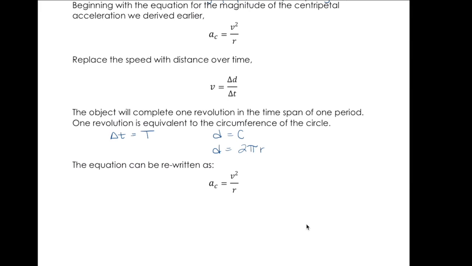The time it takes to go around the circumference is also equal to the period, capital T. So plugging delta T and delta D in, we get that V equals 2 pi r divided by the period.